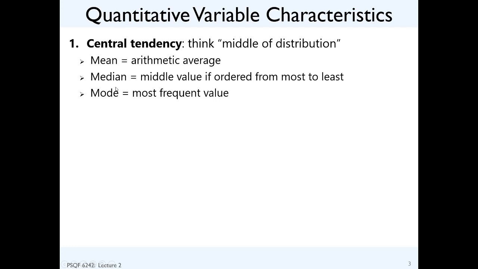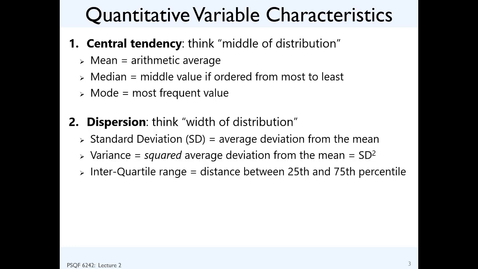But the other part, the spread, that's related to a concept called dispersion, the width of the distribution. So how far away are the quantitative values from each other? That's what we want to be able to characterize. The average awayness, so this is a new word here, deviation. The average deviation from the mean has a special term, it's called the standard deviation. Standard deviation squared is something called variance.